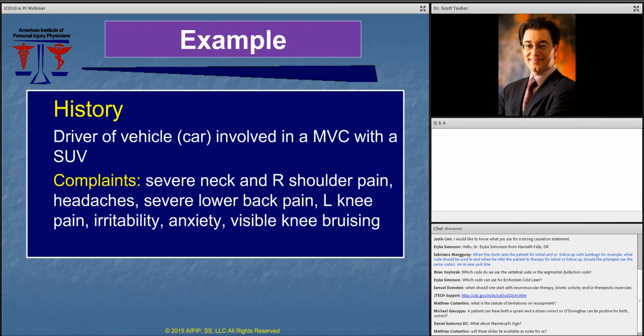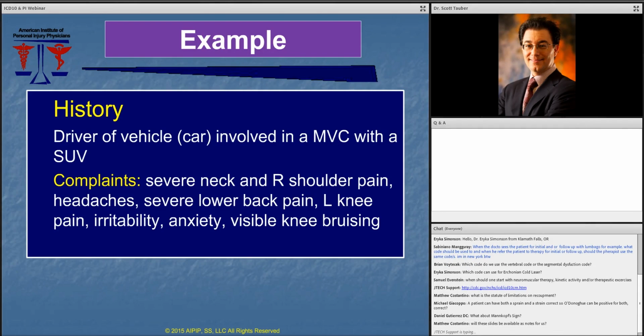In ICD-10, the reason why I use SUV is because those E codes are now much more specific. They do talk about pickup truck, car, SUV, so they break it down to the type of vehicle. That's why I put that there. Again, a level of detail your documentation may not have had before.